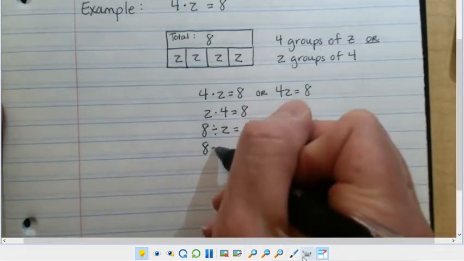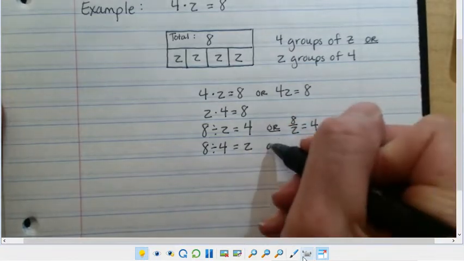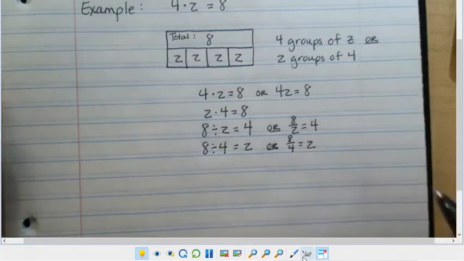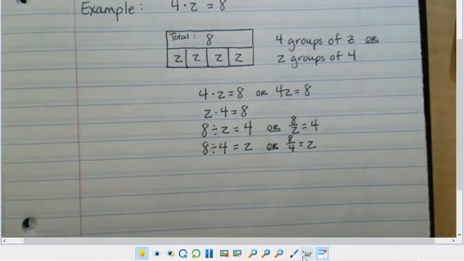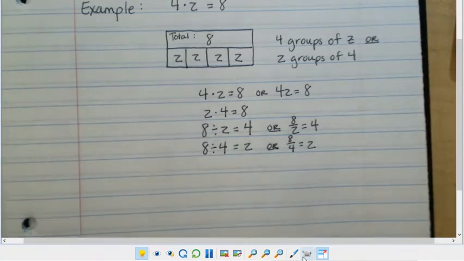So I could do 8 divided by 4 equals z, which would look like 8 over 4 equals z. I can't have my 4 here because I need my total in front when I divide. It's just like subtraction. I need the biggest number, the largest number, in the front.